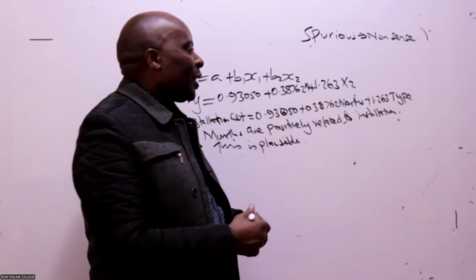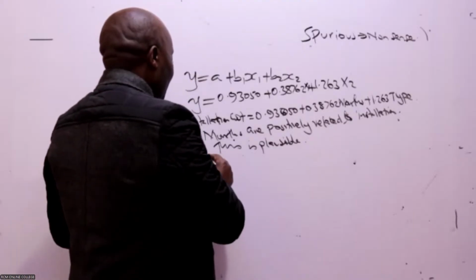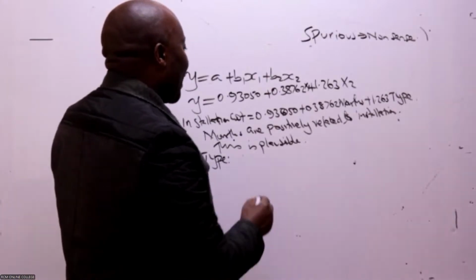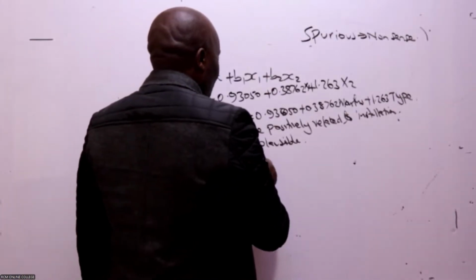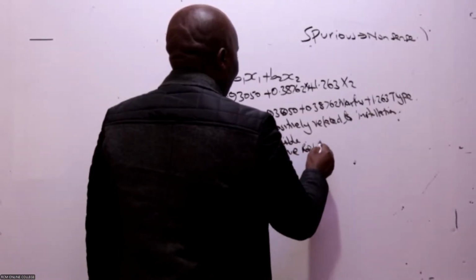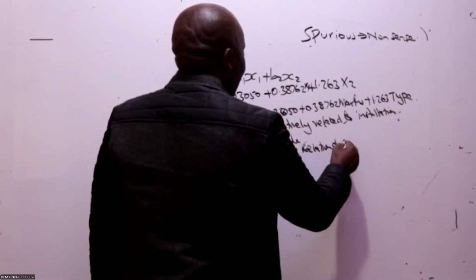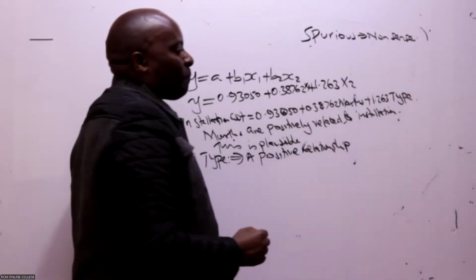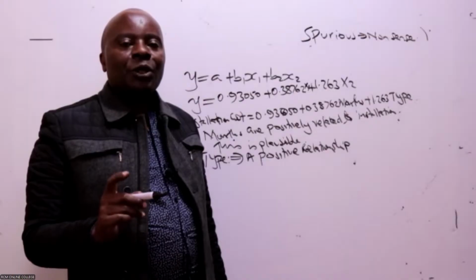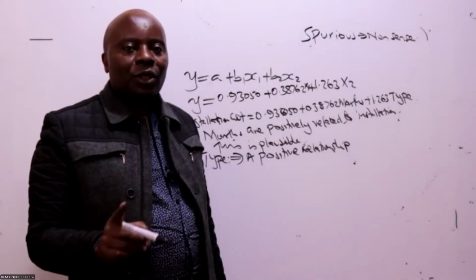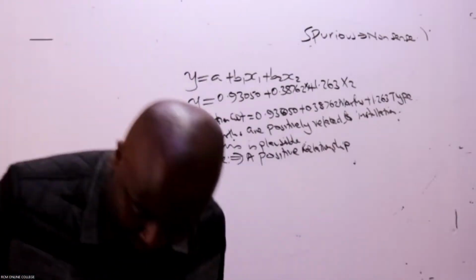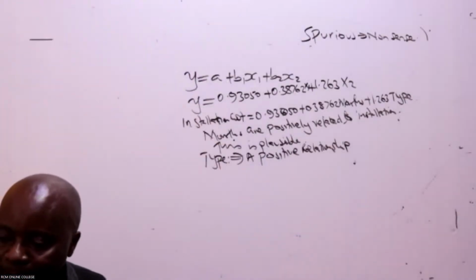So in this case here, type. So type in this case here, I can see a positive relationship. Remember type, it's between what and what here? It's between digital. If you read here, there are two types.